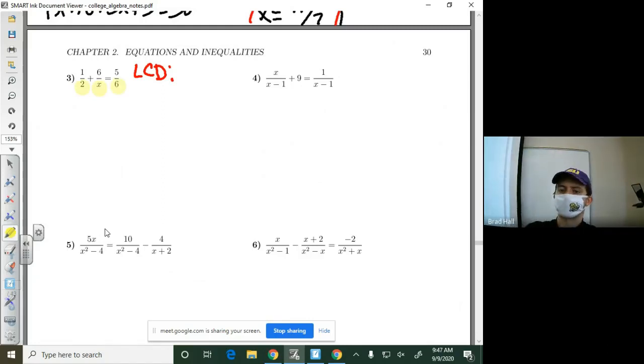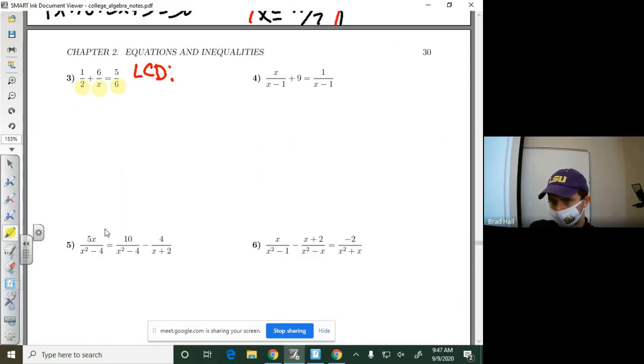I see 3 denominators. I see a 2, an x, and a 6. So we have two different types of objects here. We have numbers, and then we have a variable. So for the numbers, let's figure out the least common multiple of the numbers. Let's pretend like the x isn't even there for a second.